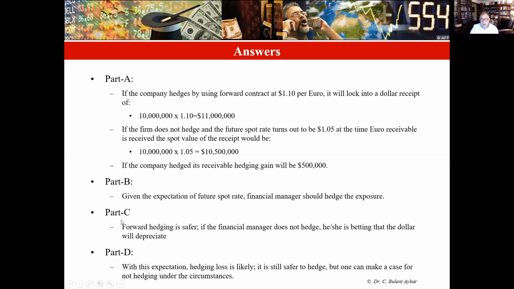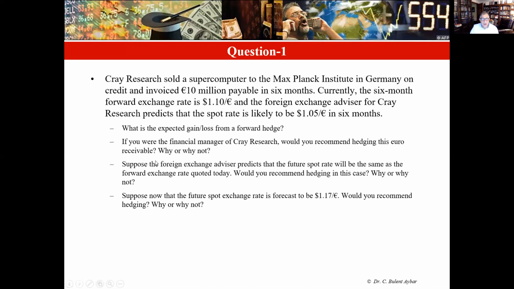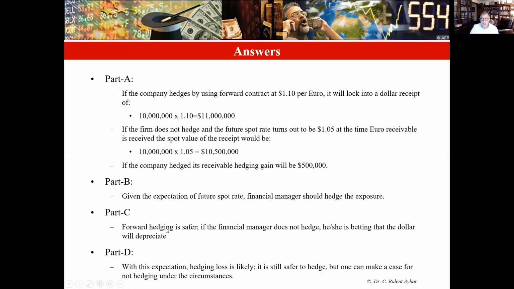So on part C, the third part, we were asked whether we would still hedge if we anticipated that the exchange rate would be the same as the forward rate.